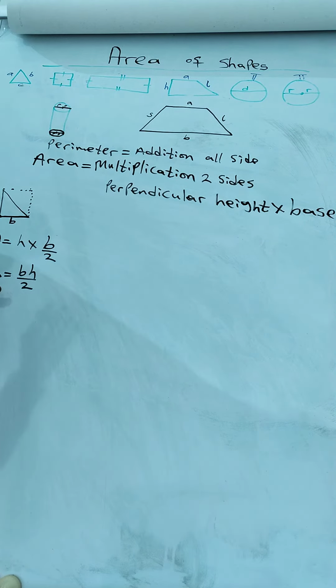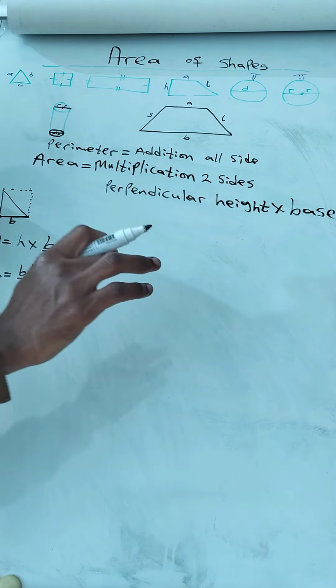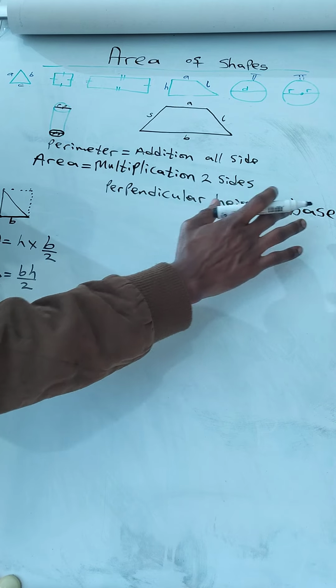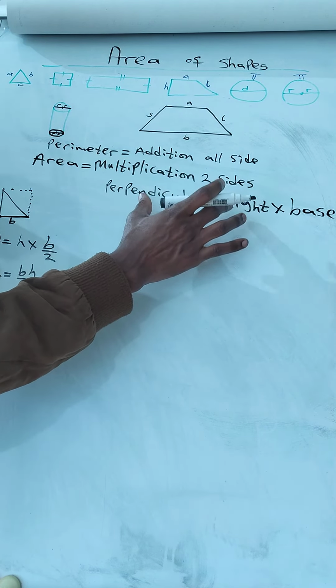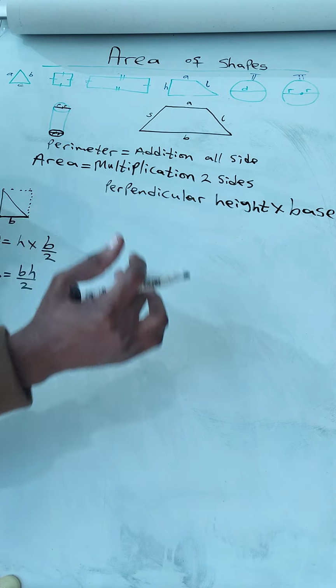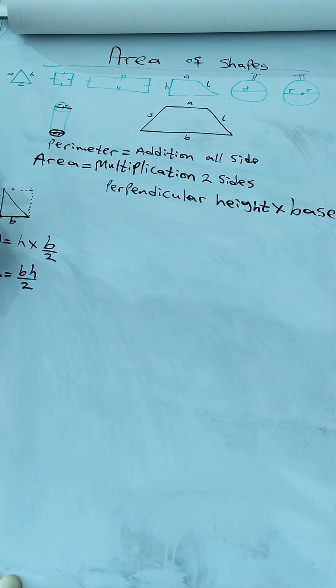Don't forget, it is the multiplication of two sides: the perpendicular height and the base. The perpendicular height is the height that forms angle 90 at both ends. Here is angle 90, this height forms angle 90 here, and it also forms angle 90 here.